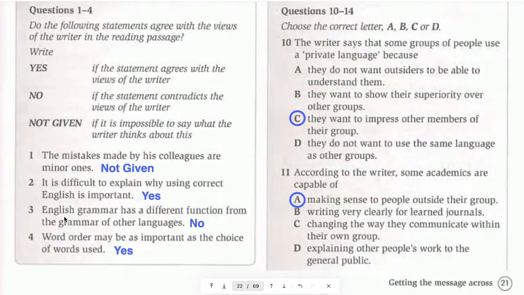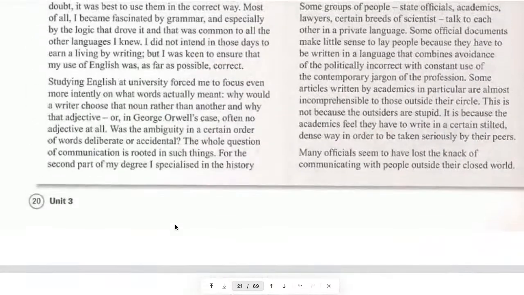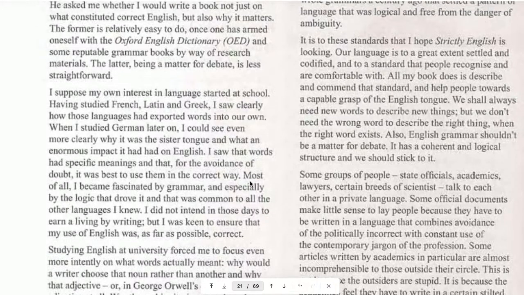From the statement, it says that English grammar has a different function from the grammar of other languages, right? And from here, they say, most of all, I became fascinated by grammar and especially by the logic that drove it, and that was common to all the other languages I knew. Why is this the answer?